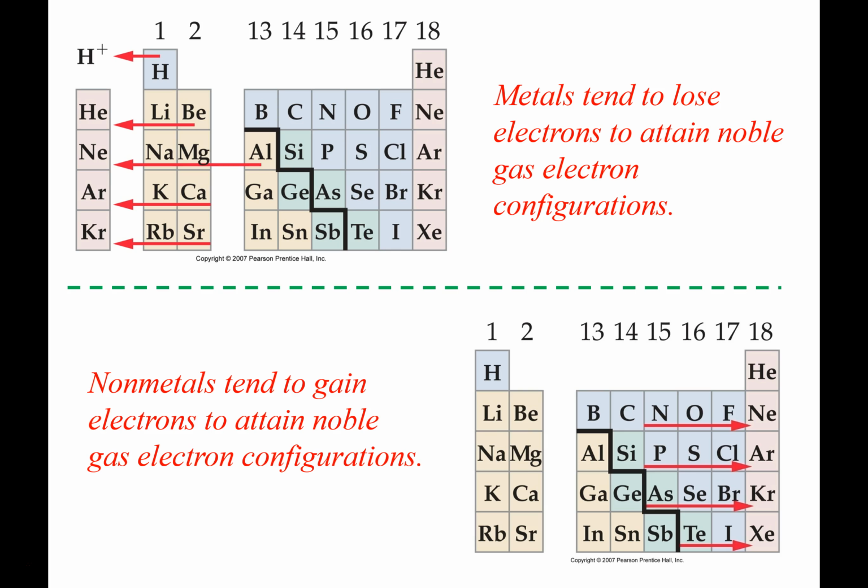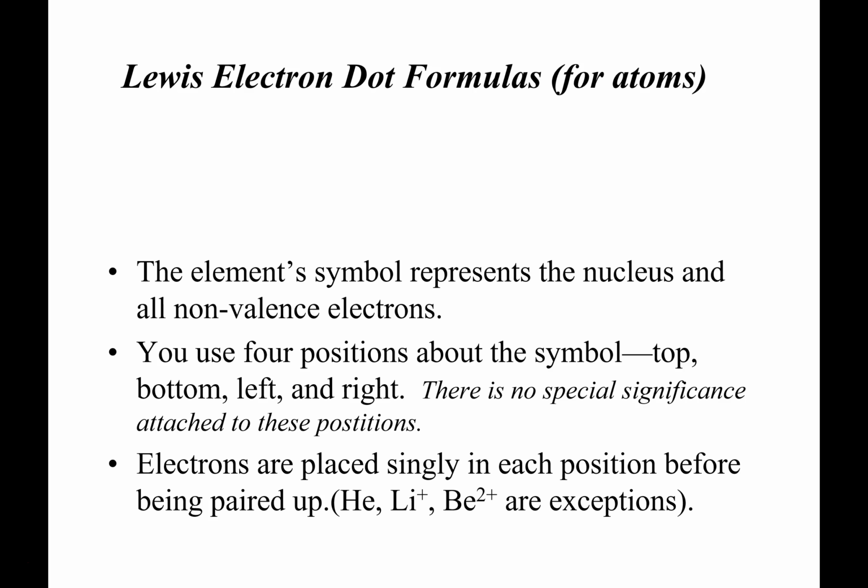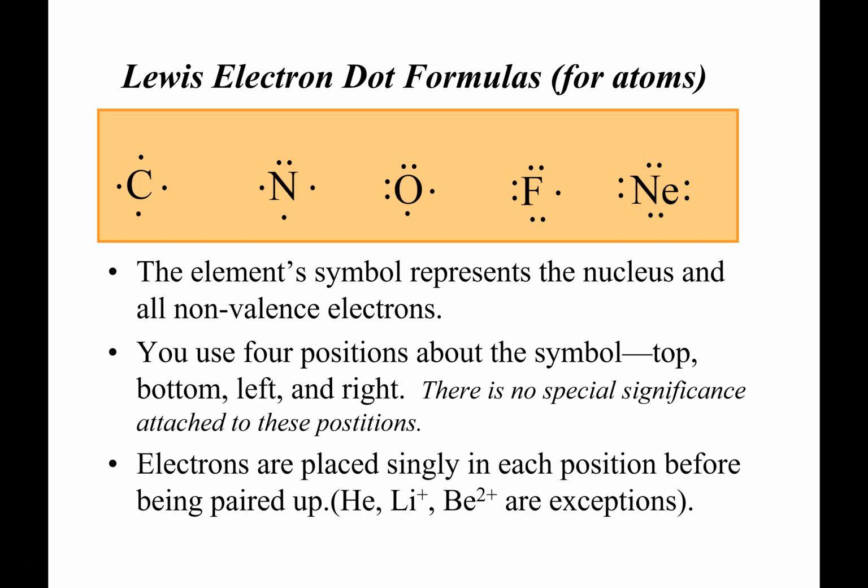Okay, so nitrogen picks up 3 electrons to be like neon, oxygen picks up 2 electrons to be like neon, fluorine picks up 1 electron to be like neon. And all the way, they're forming a -3, a -2, and a -1 charge when they do that. Okay, so we have metals and nonmetals, cations and anions.